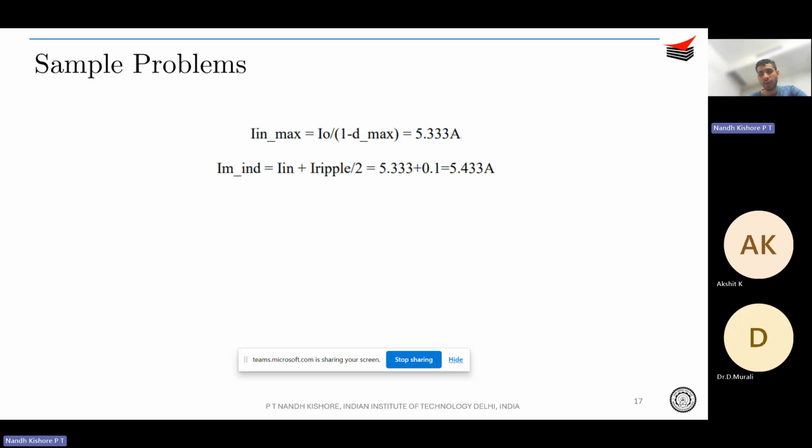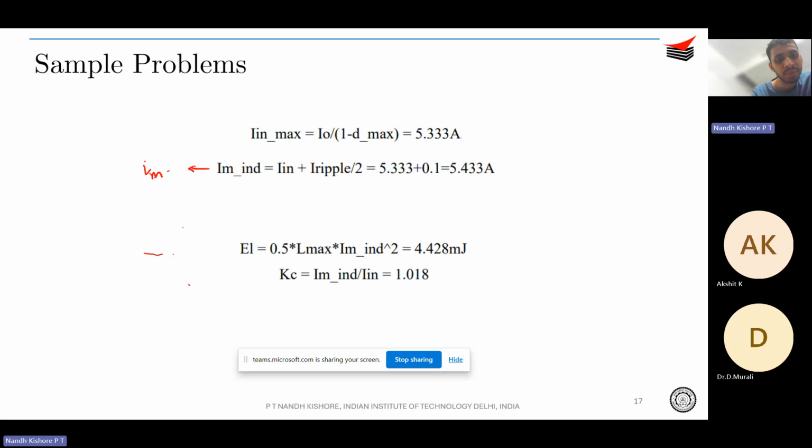So this is for the computation of IM. This is your step number 1, that is, you compute the peak current through the inductor.